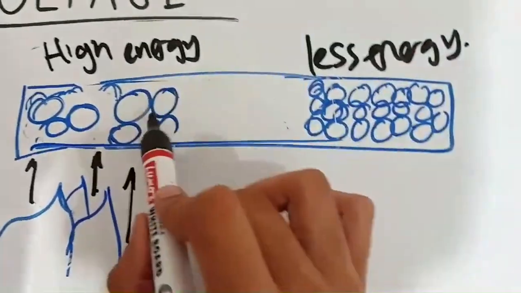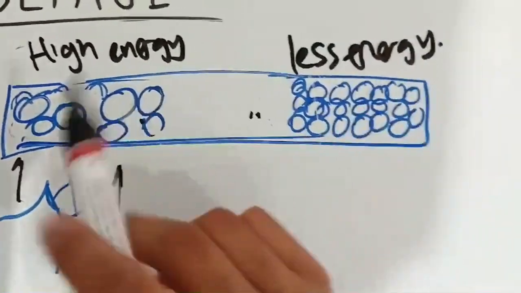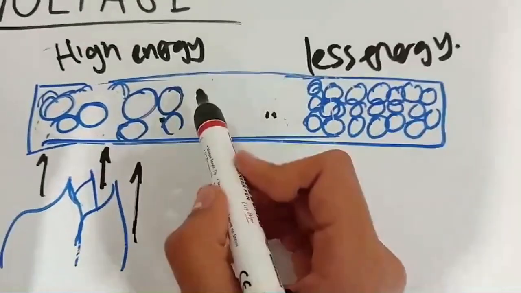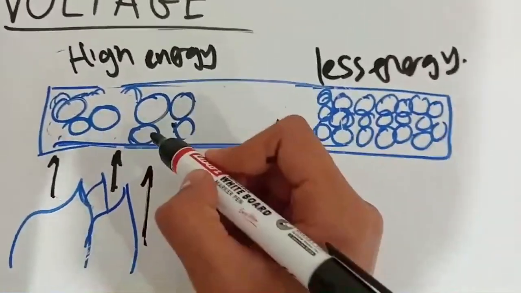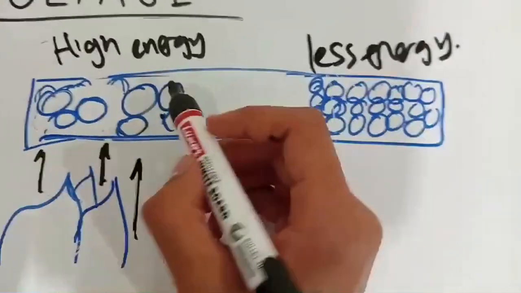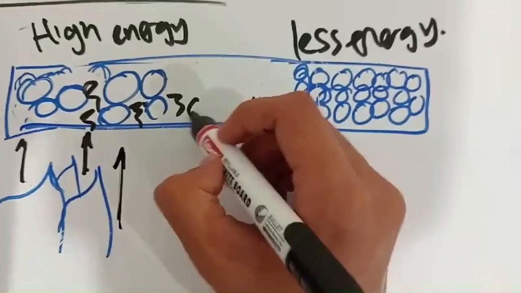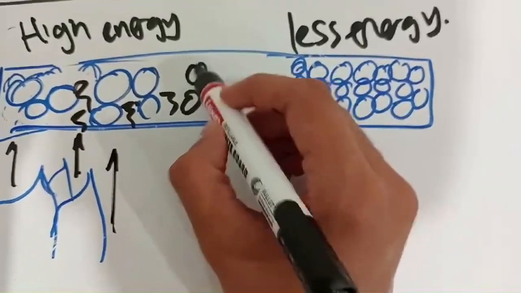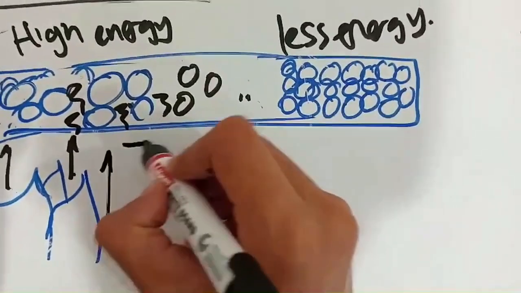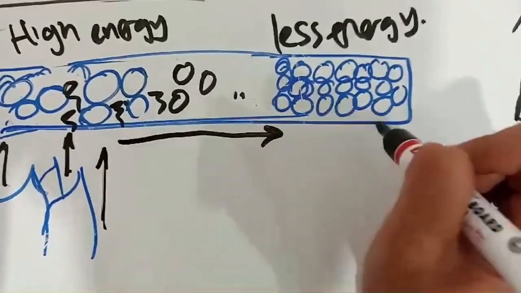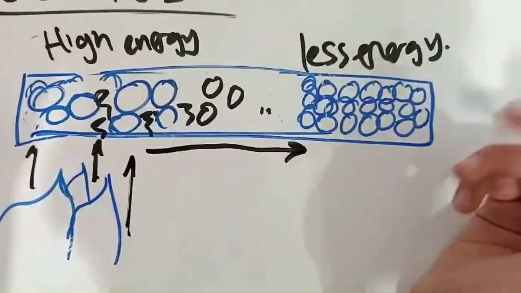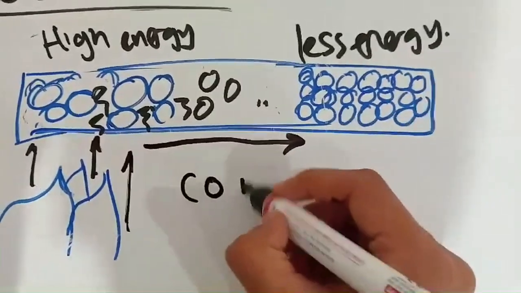Now, since there is a difference in temperature, what's eventually going to happen is that this high energy, heated area is going to vibrate faster, right? And as a result, it's going to collide with all the other particles in between. And eventually, it's going to transfer the heat energy to the area with less energy. This is the concept of conduction, all right?